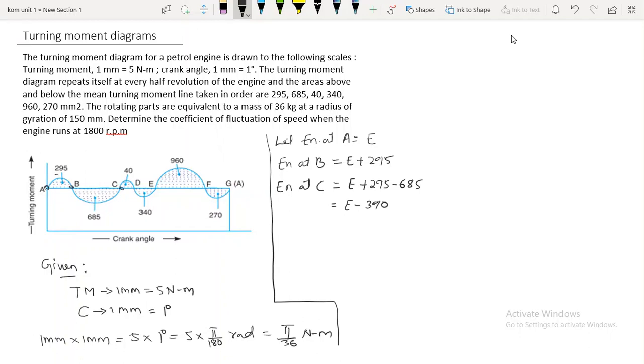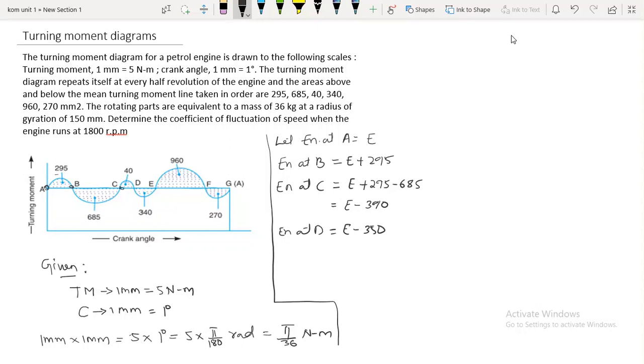Similarly, the energy at D will be E minus 390 plus 40, so it is E minus 350.